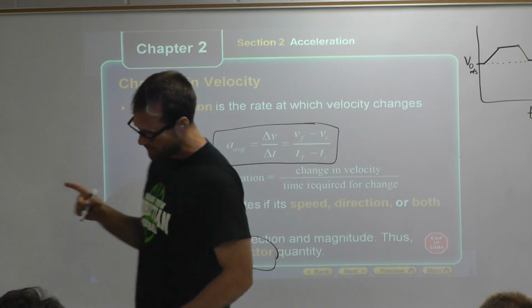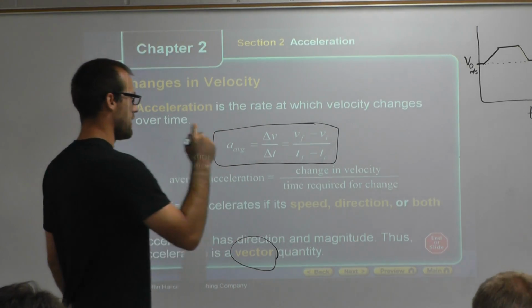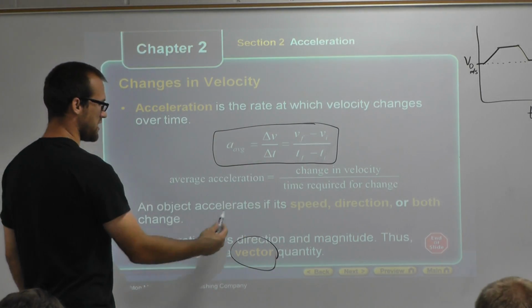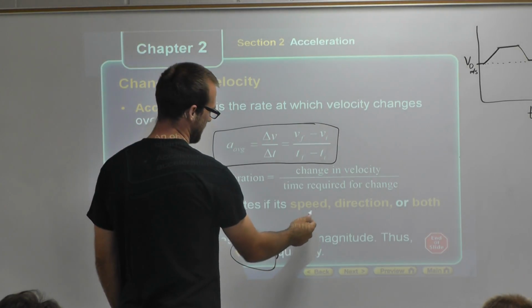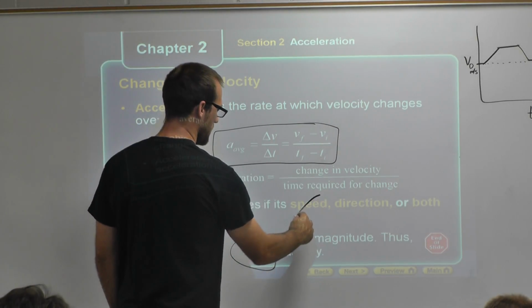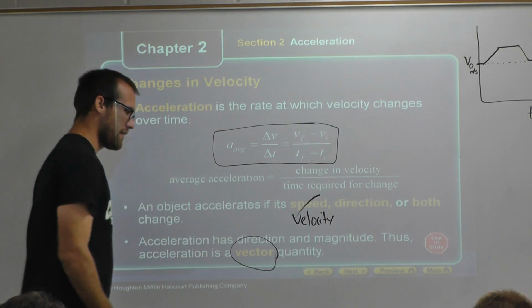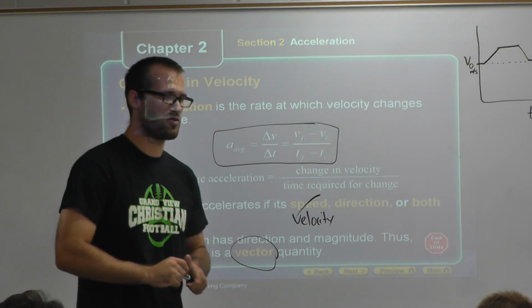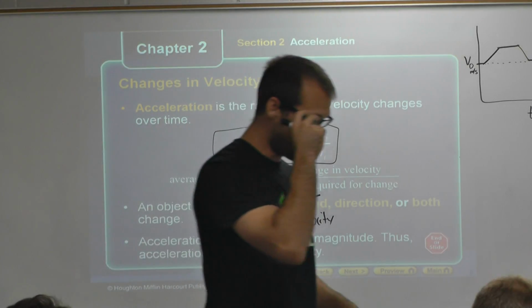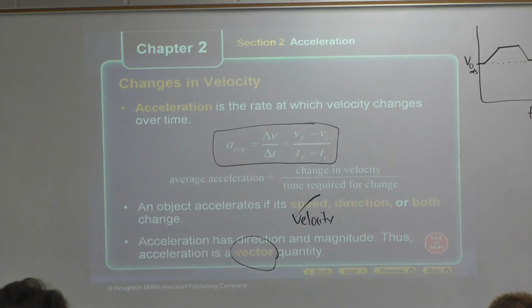Now, notice what this says. It says an object accelerates if its speed and velocity, I don't know why they use speed, if its velocity, direction, or both change. So notice something here. You are actually accelerating when you change directions.